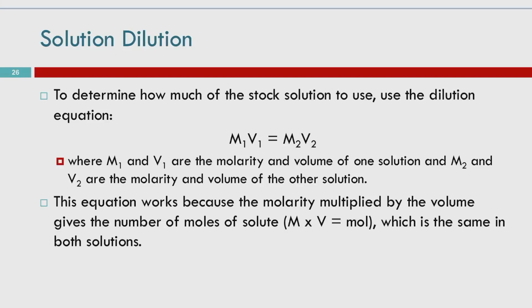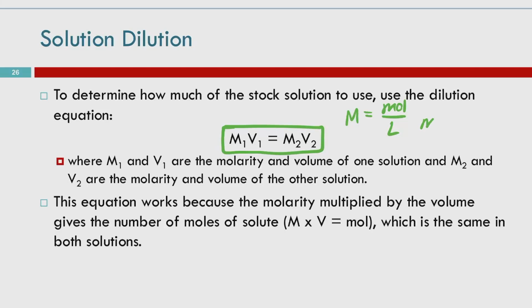So solution dilution, we can use this very convenient equation, M1V1 equals M2V2, where the capital M is a molarity and the capital V is a volume. The way that this works, right, is molarity equals moles over liters.